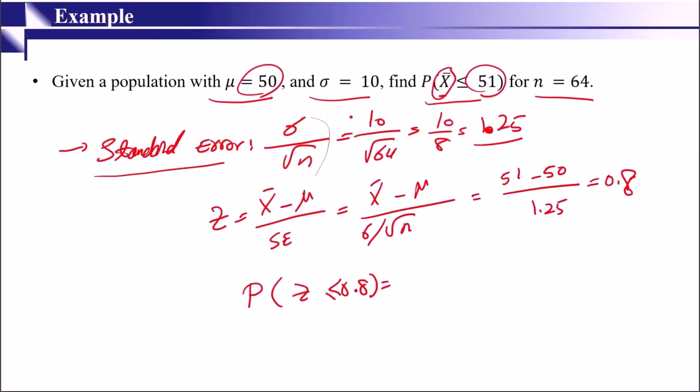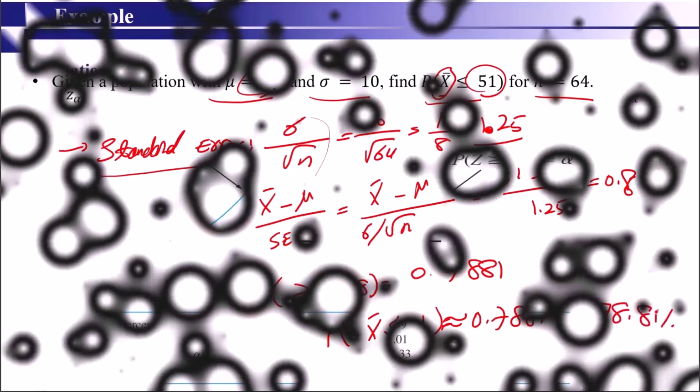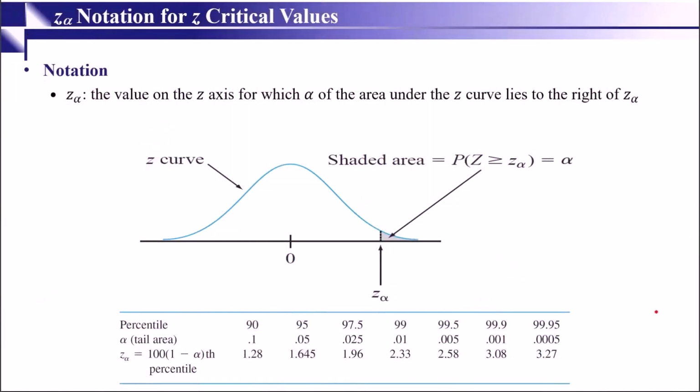So it will be 0.7881. And the probability of x bar less than or equal to 51 is approximately 0.7881, or you can say 78.81%.